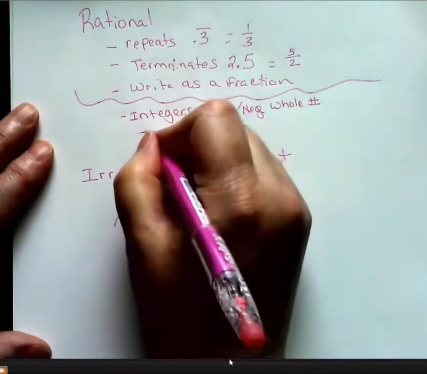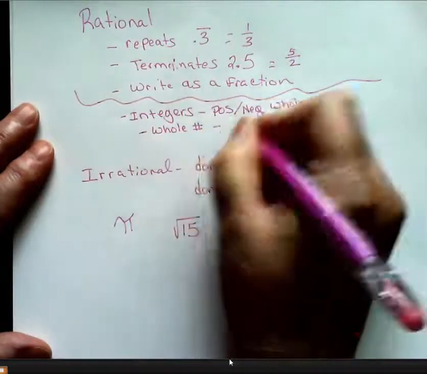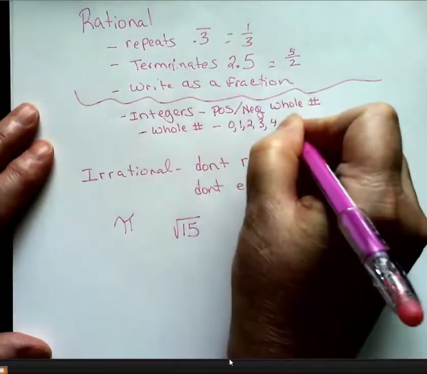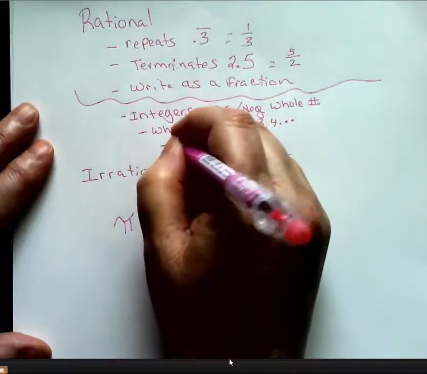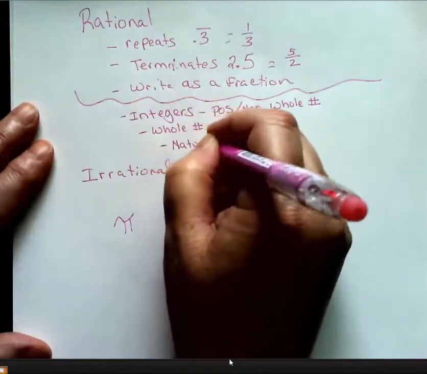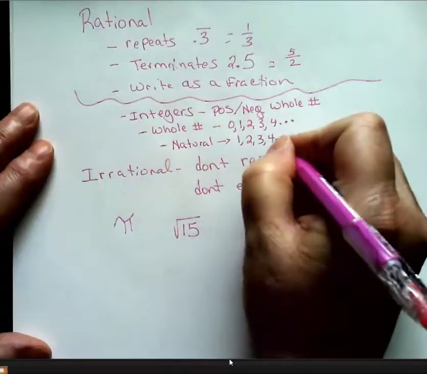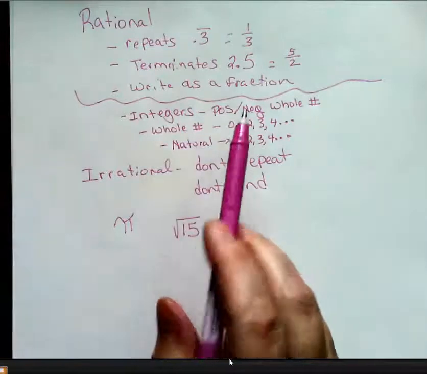Then we have whole numbers, and that is 0 to infinity. Then we have natural numbers, and that is 1. The only difference between whole and natural is that.